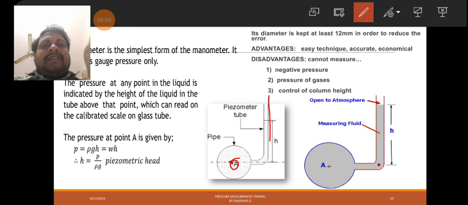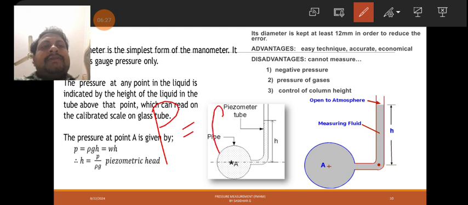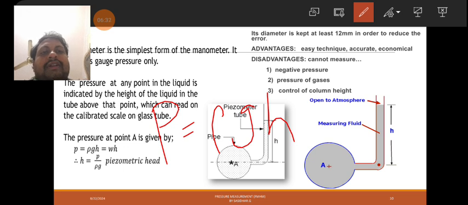The pressure at any point in the liquid is indicated by the height of the liquid in the tube above that point, which can be read on the calibrated scale. The pressure at point A is given by P equal to rho g h, where rho is the density of the liquid, g is the gravitational acceleration, and h is the height the liquid rises.